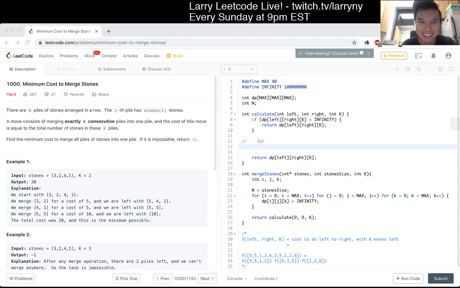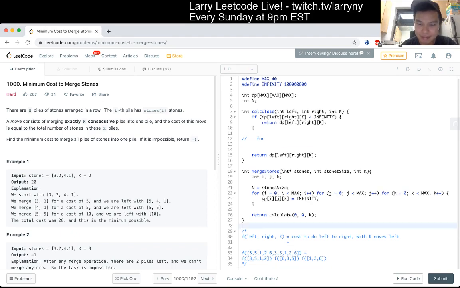Is that fast enough? Can we do the brute force thing? It's going to be K, but then you have this ridiculous complexity that I don't know about.